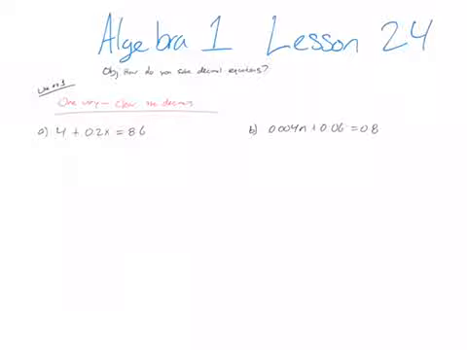The first way is if you freak out whenever you see decimals and you're like, I don't like decimals, then we can clear the decimals, or get rid of them. To do that, we're going to multiply by powers of 10. We look through and see the smallest part of a number that we have.